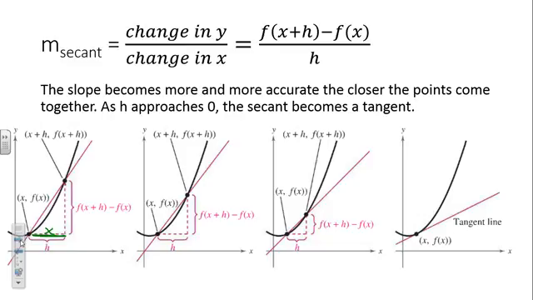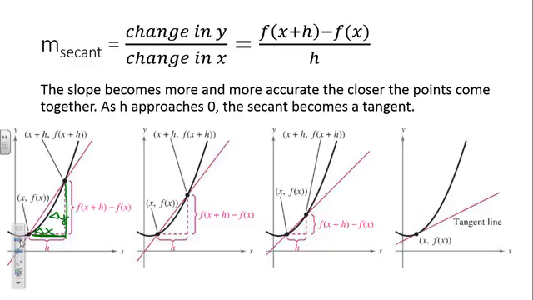This is my y movement. So I've moved horizontally a distance of h, and I've moved vertically a distance of f of x plus h minus my original f of x. This y minus this y. So I'm finding the slope.